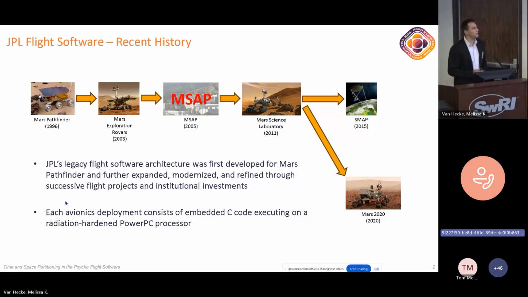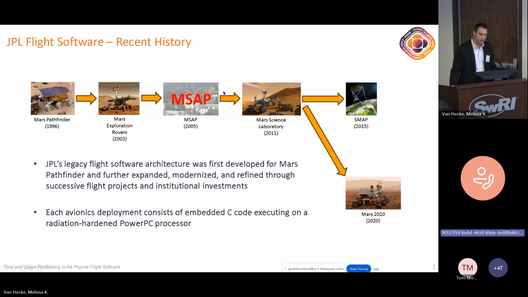So before I get into what we did on Psyche, though, I'd like to talk a little bit about the legacy flight software that we've used at JPL on several of our past large-scale missions. This software really started its life with Mars Pathfinder back in 1996, and then that was inherited for the Mars exploration rovers.